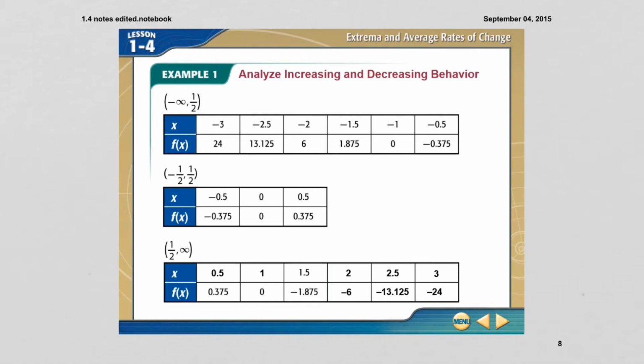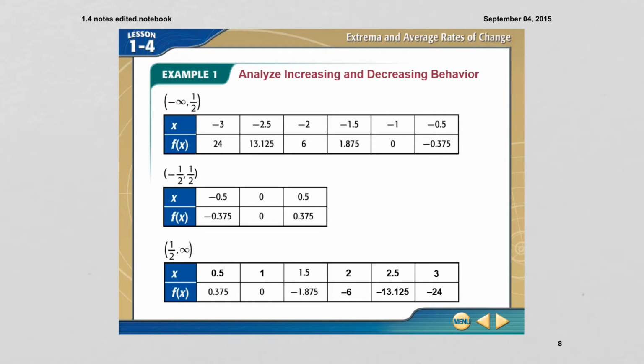Now we look at our other intervals starting at negative 0.5, and it starts increasing from there, going from negative 0.375 to positive 3.75 where x is 1/2. So we see an increase in that interval. Now looking at after 0.5, it's at 3.75, then we see it steadily going down and down and down, going towards negative infinity.